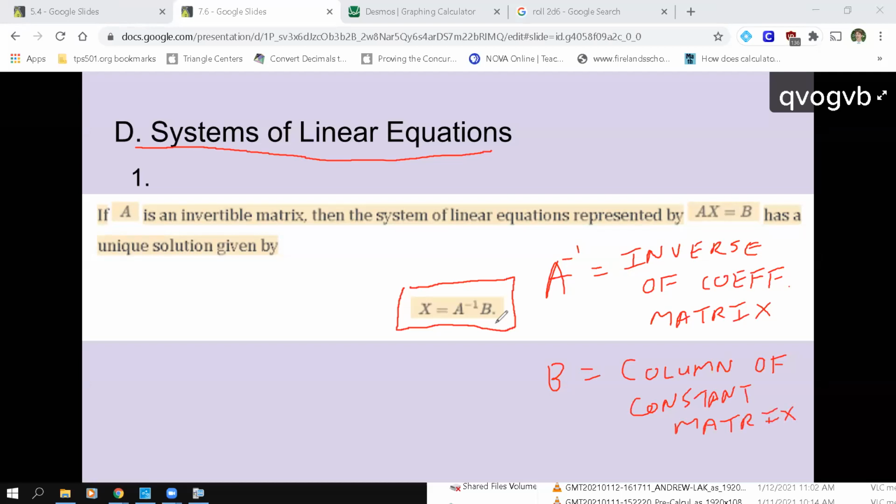So it's your constants written into a column matrix. If it was 3 equations with 3 variables, it would be a 3 by 1. If it had 5 equations with 5 variables, it'd be a 5 by 1. It's just all the constants at the end of each of those equations written in a column.